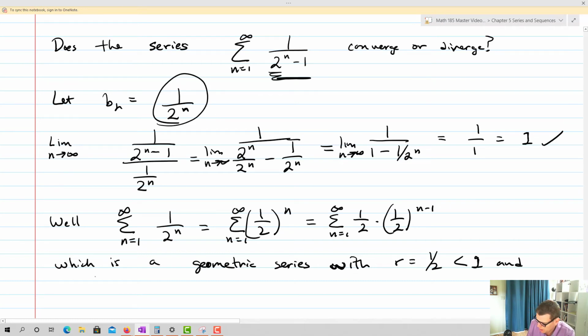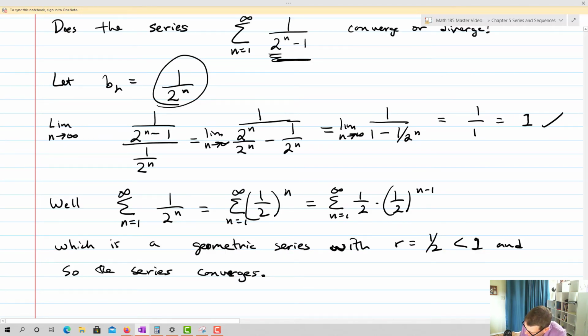And so the series converges. And that finishes it out. The difference here is that we're utilizing the geometric series instead of the p-series to determine convergence. And we're done.